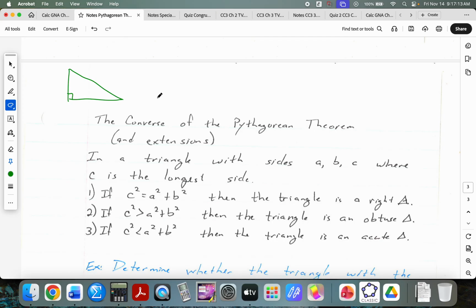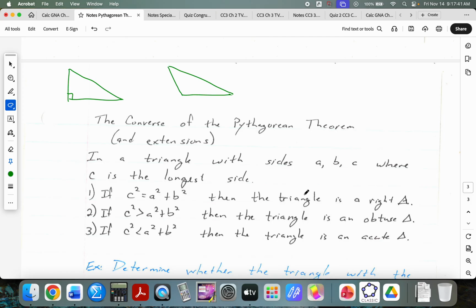Yeah, it's going to become obtuse. It's going to look like this. The big side is too big for it to be a right triangle. So if C squared is greater than A squared plus B squared, the triangle is obtuse. And conversely, if C squared is less than A squared plus B squared, the triangle is an acute triangle.